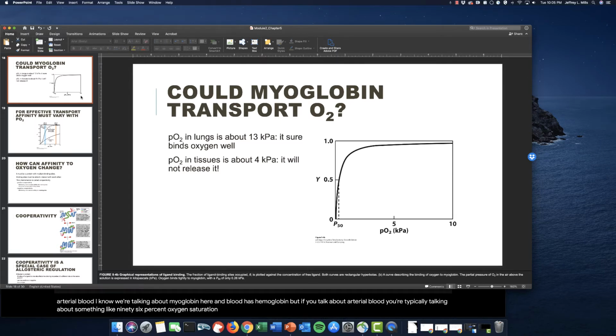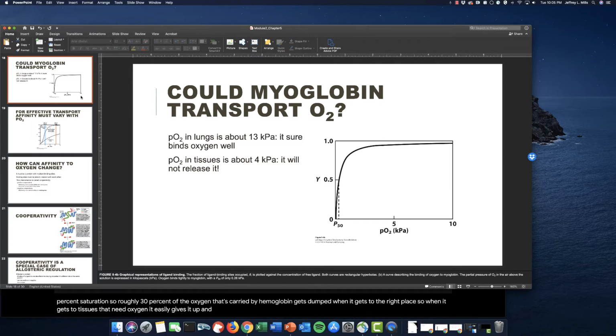If you're talking about venous blood, you're talking about something like 64% saturation. So roughly 30% of the oxygen that's carried by hemoglobin gets dumped when it gets to the right place. So when it gets to tissues that need oxygen, it easily gives it up.